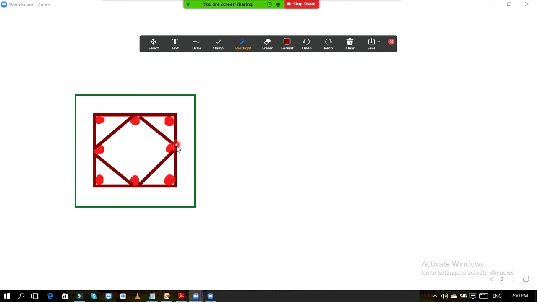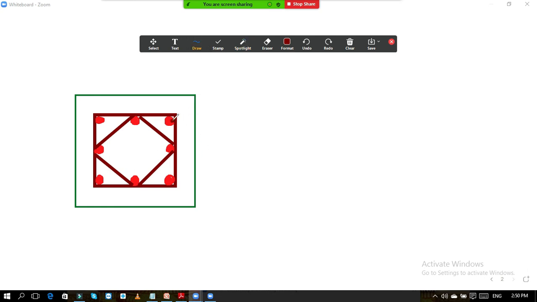The hook will be somewhere here or here, and this will be connected like this for the four bars. And this stirrup is from outside covering all eight bars. So in the examination, even if you don't show this stirrup, it doesn't matter. If you show the simple reinforcement, then it is also okay.